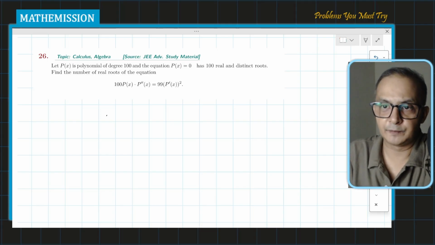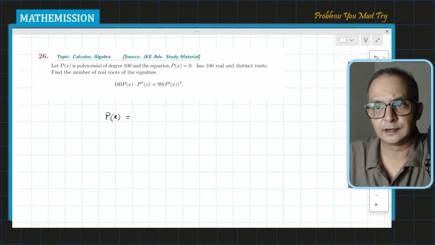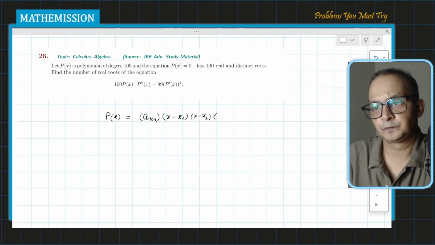Let's say I have the p(x), and this p(x) I'm taking as, let us say, a100 into x minus x1, x minus x2, x minus x3 till x minus x100.